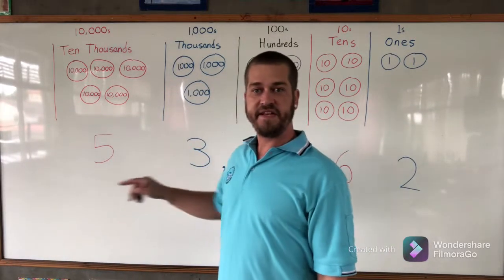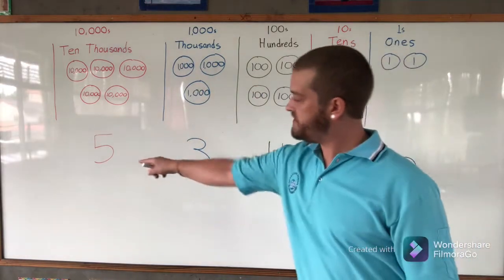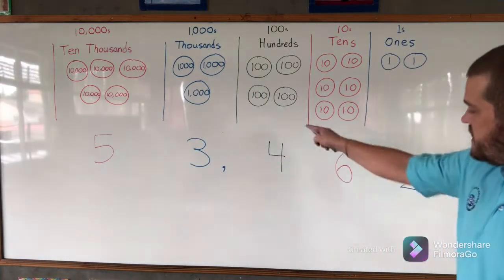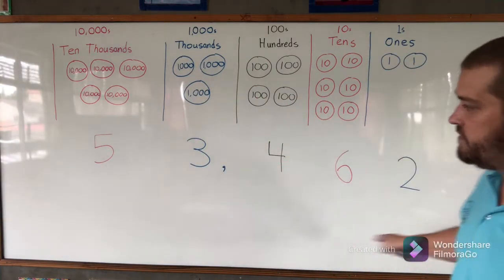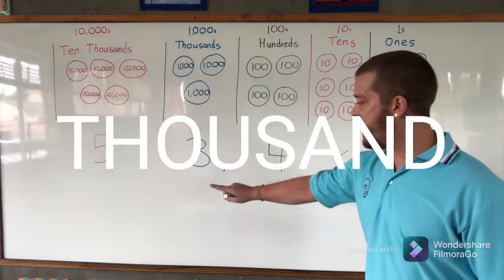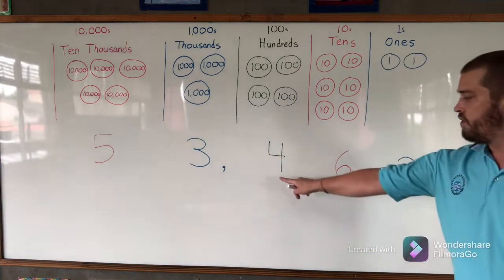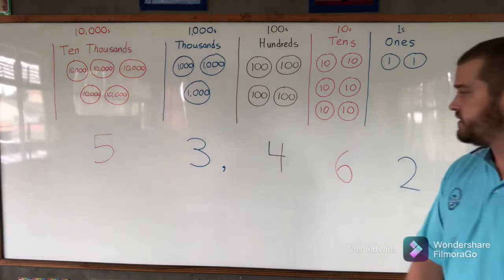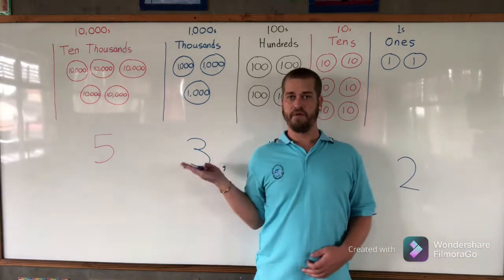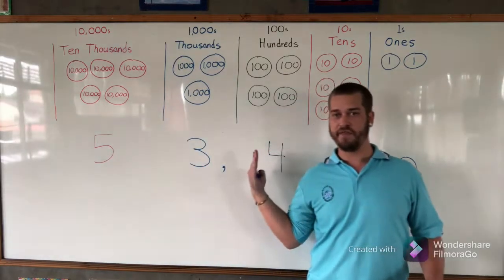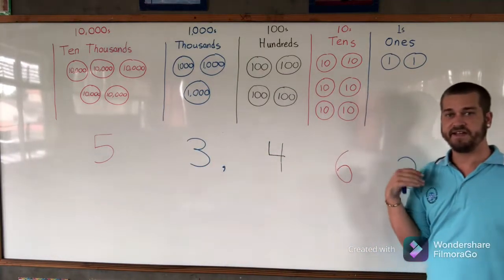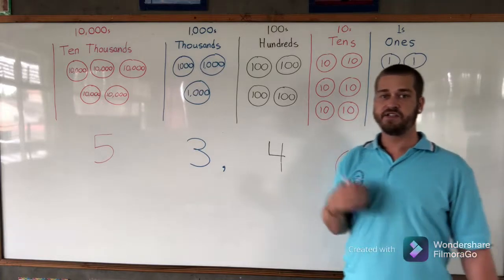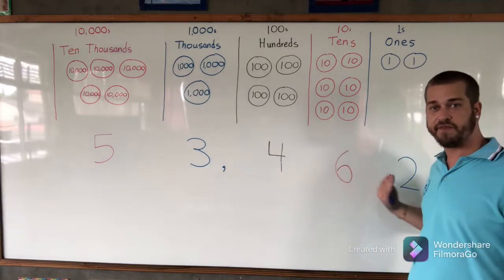Yep, 53. So we have 53 and then 3 digits after. So it's 53 and 462. Look at this first, 53, and we know that there are 1, 2, 3 digits after it. So we know that that's 1,000.